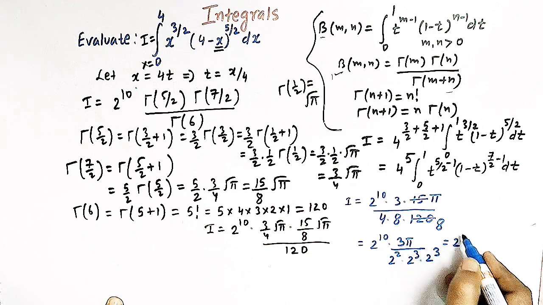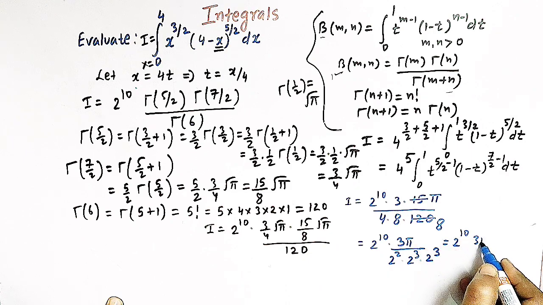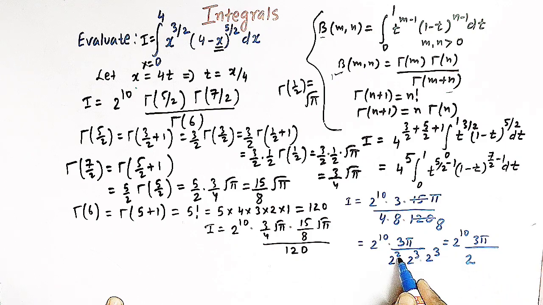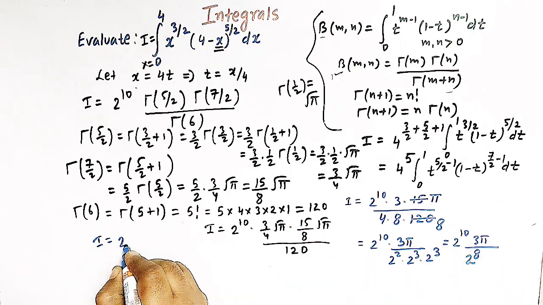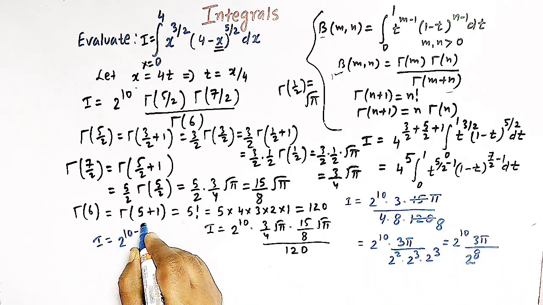So we can now write 2 raised to 10, here we have 3 pi divided by 2 raised to, again applying the laws of exponents, 3 plus 3 is 6, 6 plus 2 is 8. Right? So now the value of the integral I is 2 raised to 10 minus 8.